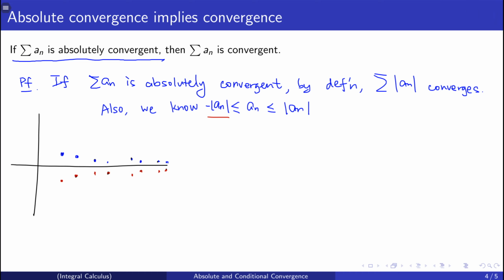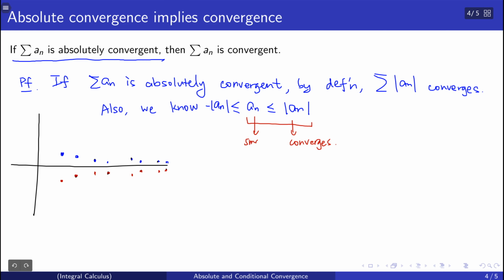And so how am I going to use this now? Well, it looks like I can compare the series using a comparison test, because this inequality gives me the correct direction. On the right, I have something that converges.